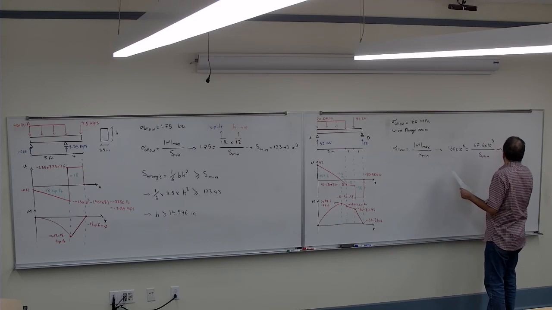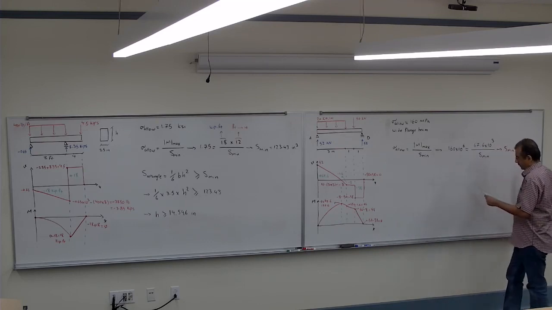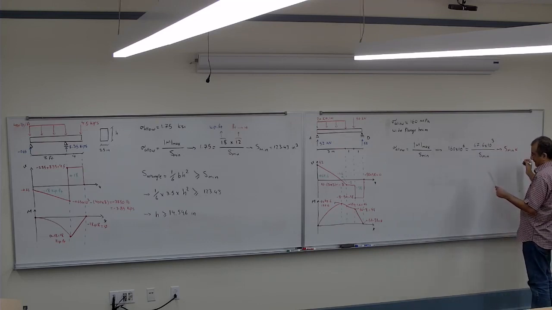So the S minimum would be equal to 422.5 times 10 to the negative 6 meter cubed, or because everything is in millimeters, it's 422.5 times 10 to the third millimeter cubed.